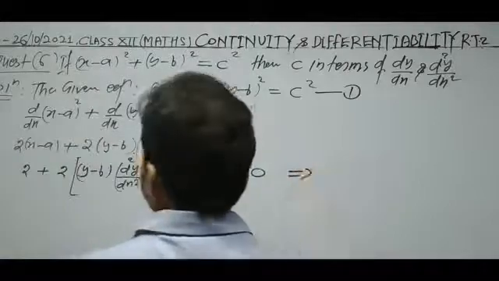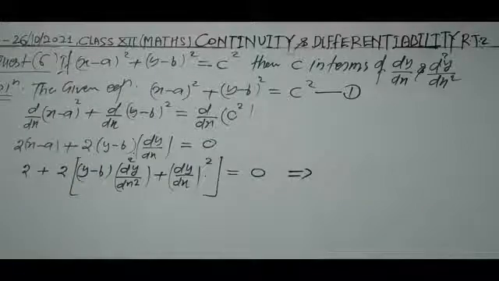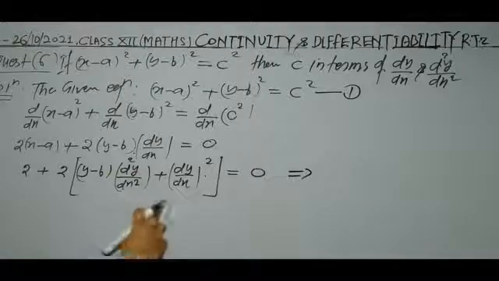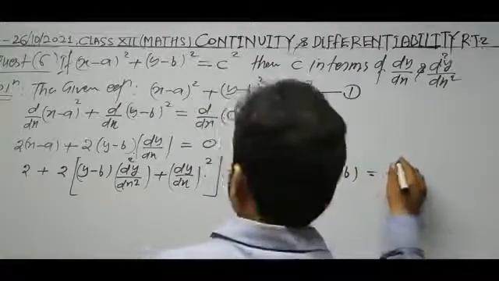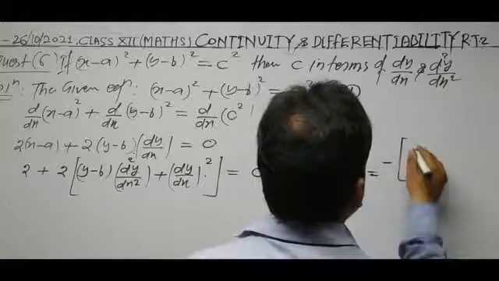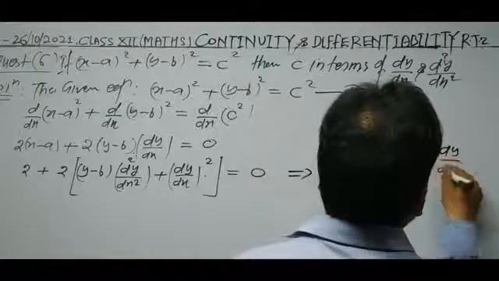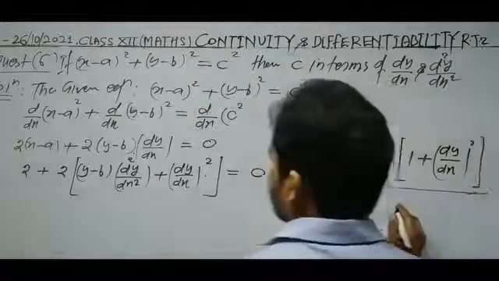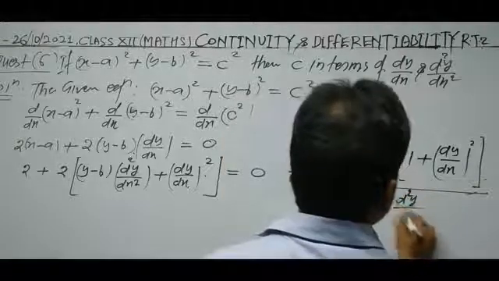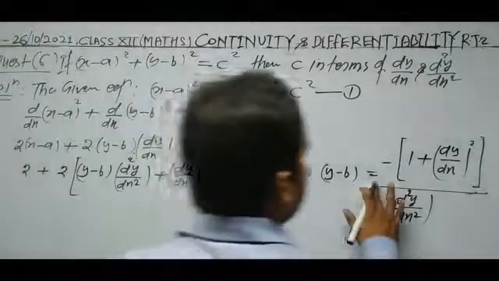This implies the value of y minus b we can write as minus, 1 plus dy by dx whole square, whole upon d2y by dx2. This is the value of y minus b.